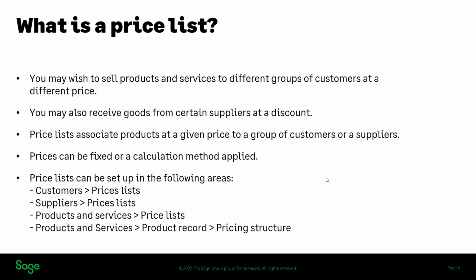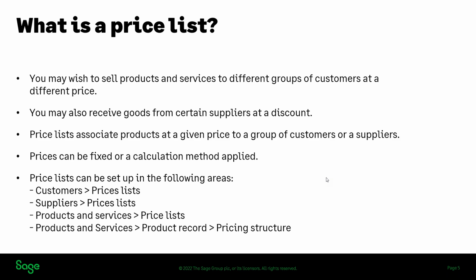So price lists, you can associate products with them. You can choose what products to include on that, what the price would be, and then you can choose which customers and suppliers that would apply to. Now, there is a range of calculation methods, which we'll have a look at in a few minutes' time, or you can simply enter a fixed price.